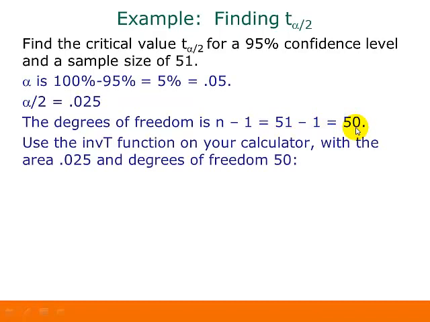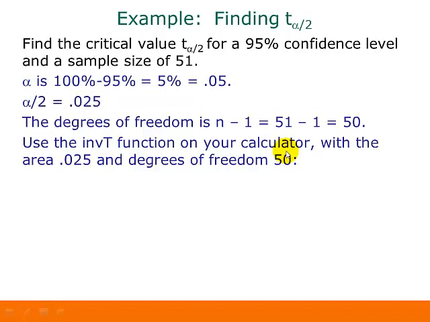Now on your calculator, you most likely have an inverse t function. This is located in the same place as all those other statistical functions that we've been using. So it's the same menu as where we found the binomial PDF and CDF, the normal CDF function, and the inverse norm function.